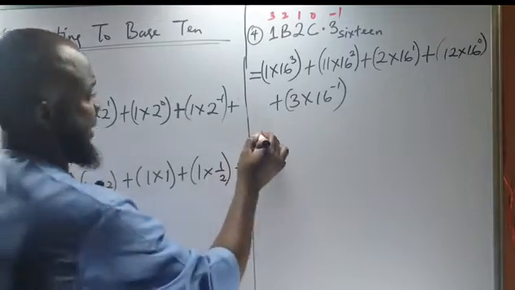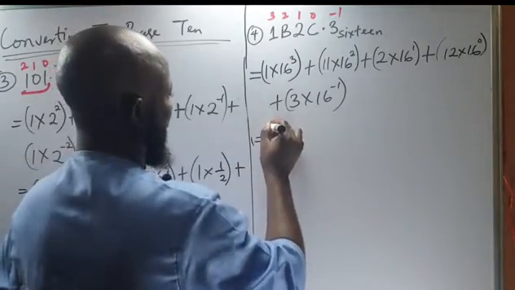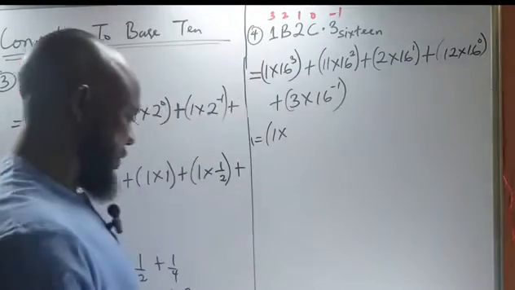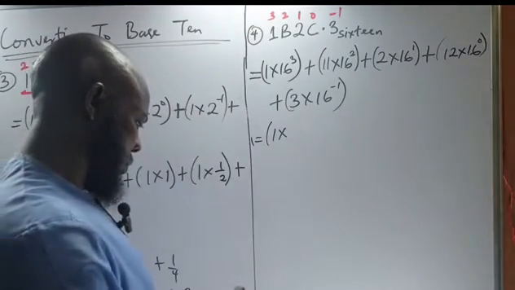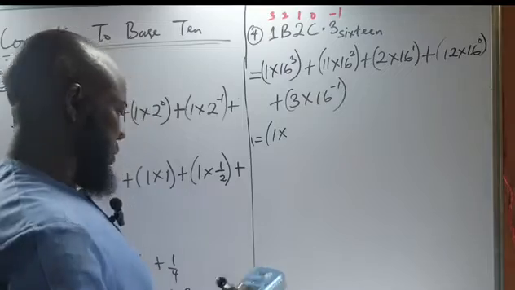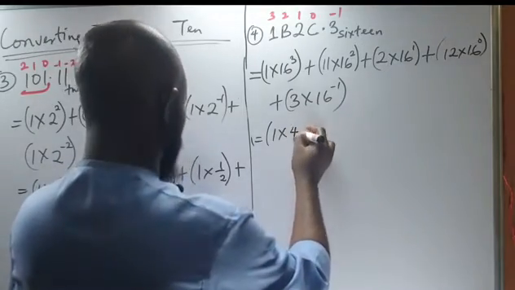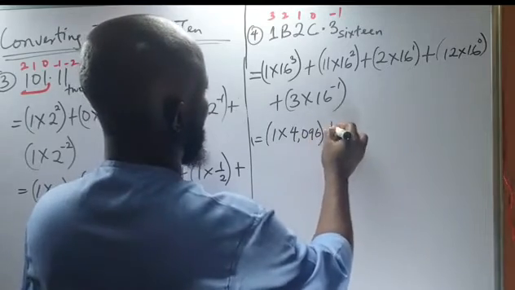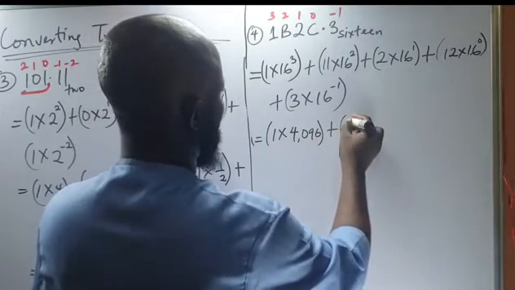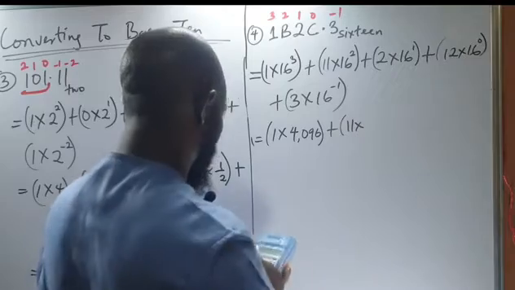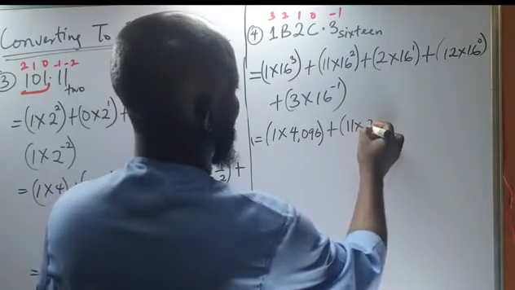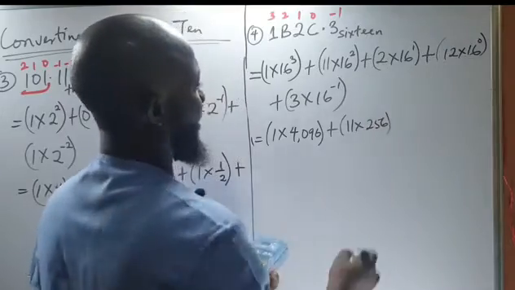So we open this now. That will be 1 multiplied by 16 cube. So that gives 4096 plus 11 times 16 squared. So that is 256, right?